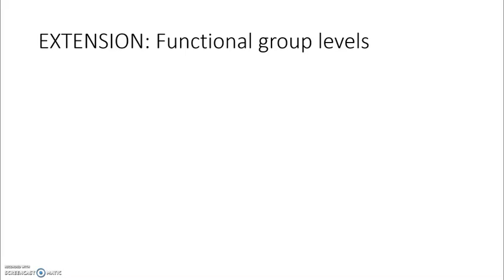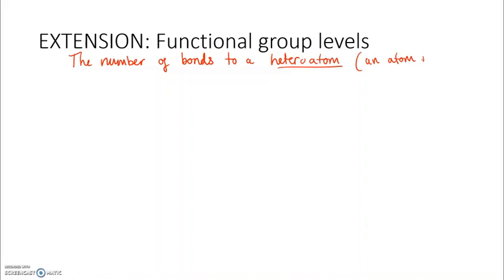And here we employ something that we call functional group levels. Now, functional group level is basically determined by the number of bonds to a heteroatom. And this simply means an atom not H or C, and will therefore usually be more electronegative.